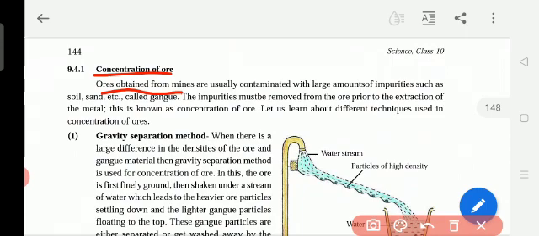Mines means excavation in the earth for extracting coal or other minerals.